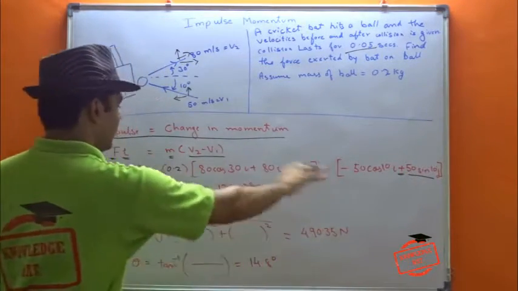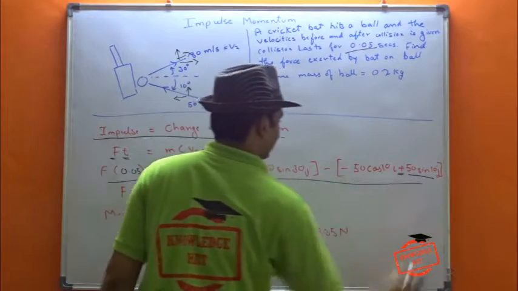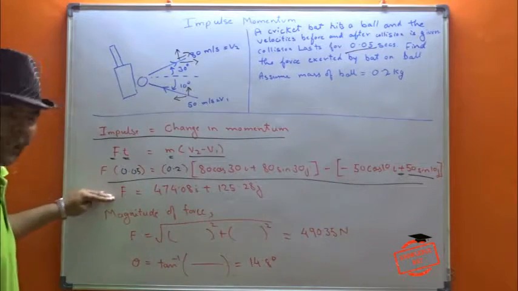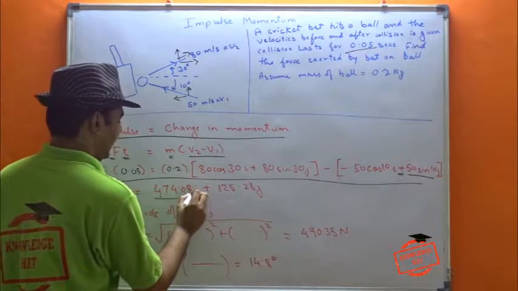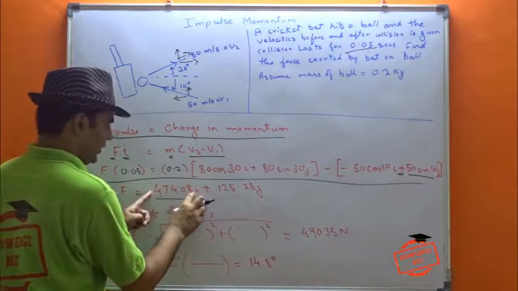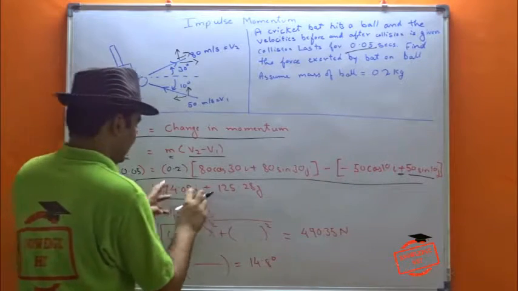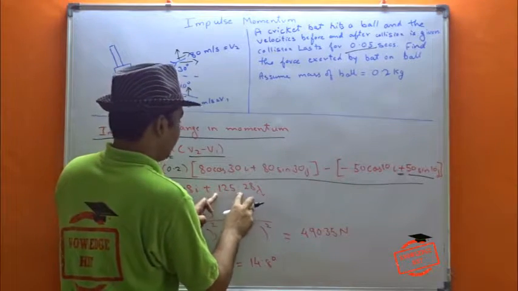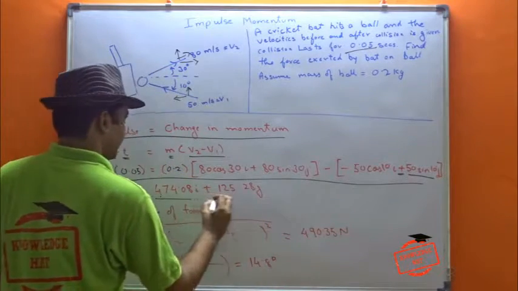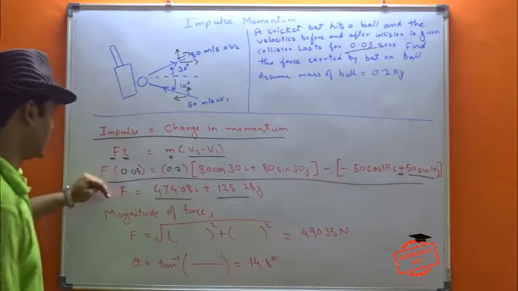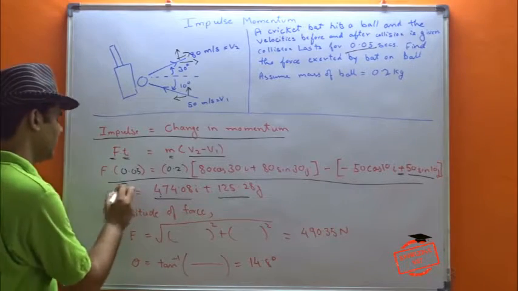So when we solve this entire equation, we get the value of force as 474.08 i, that is the x component, and 125.28 j, that is the j component of the force. So we have the two force components with us now.